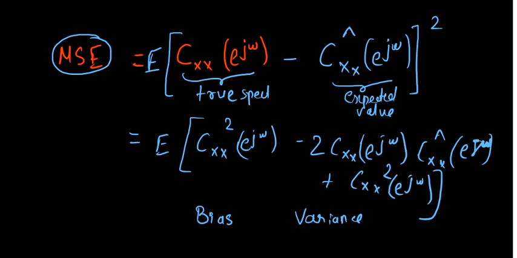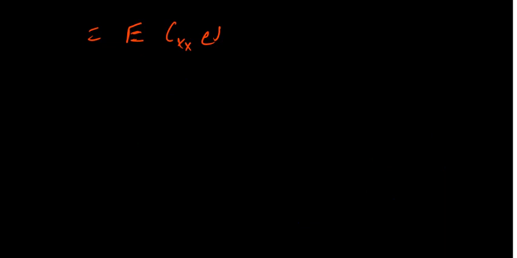So basically we are left with the expected value of Cxx(e^{jω}) squared.